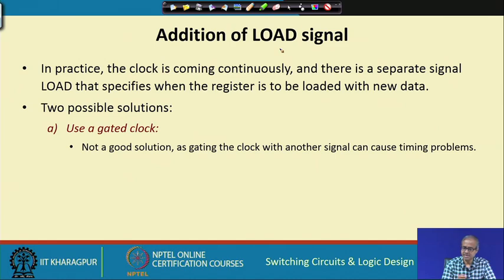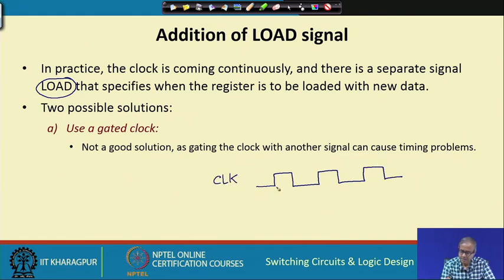Load signal, what we are saying is that we have a separate signal called load. The idea will be like this: suppose the clock is coming, okay. Let us say this is my clock, and these are the active edges of the clock, rising edge, and suppose this load signal I am giving like this. So, when the first clock edge comes, load is 0.